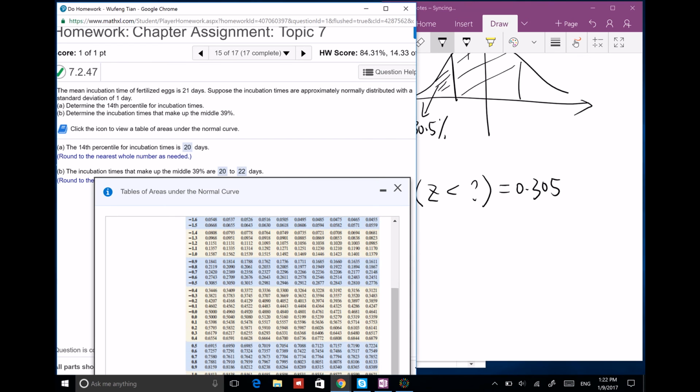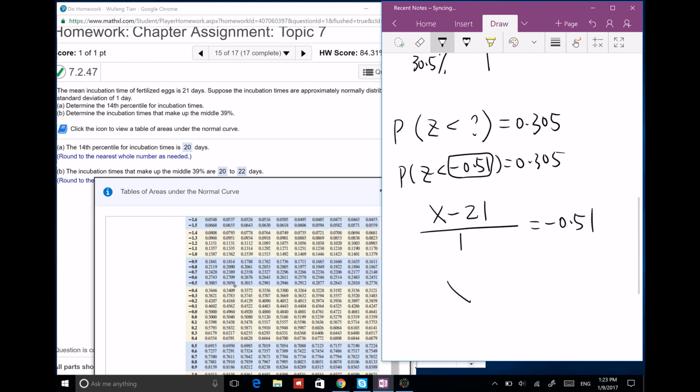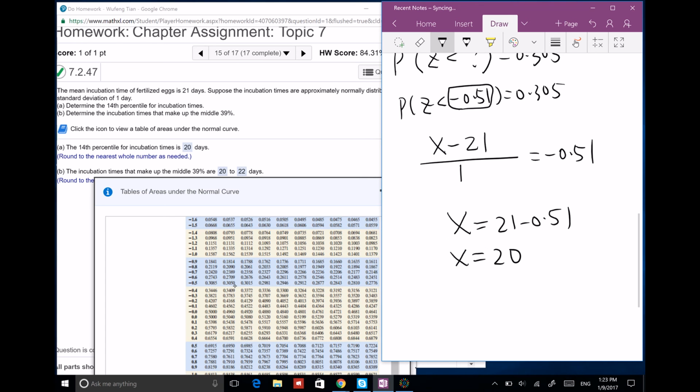So now 0.305 is negative 0.51. So P z less than negative 0.51 equals 0.305. So this is the z score, and x minus 21 over sigma, which is 1, equals negative 0.51. Solve for x. X is 21 minus 0.51, which is about 20.5. The other one, you use symmetry, because they're symmetric. So x minus 21 equals positive 0.51, and x equals about 21.5.